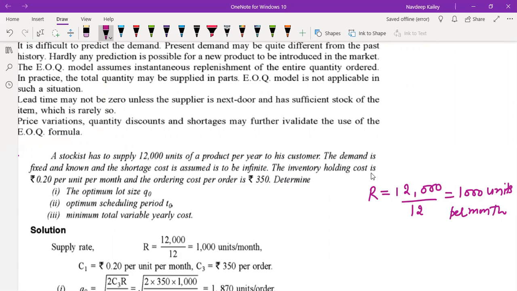Further, the inventory holding cost is rupees 0.20 per unit per month, represented by C1. Further, the ordering cost per order is rupees 350, represented by C3 in our model.